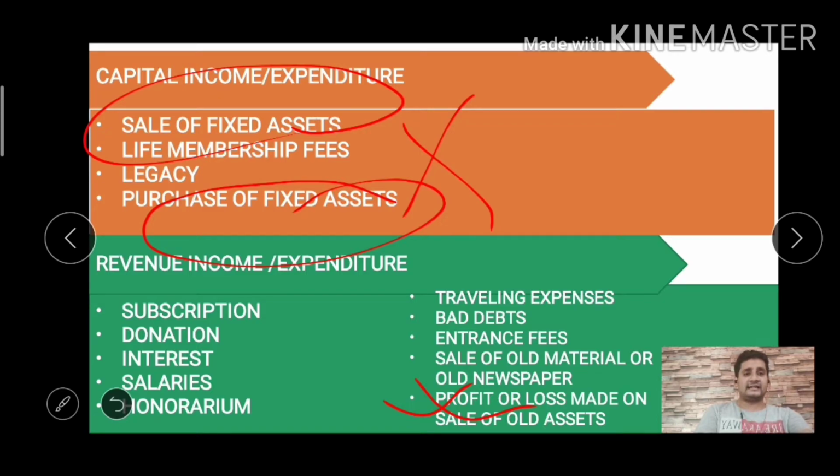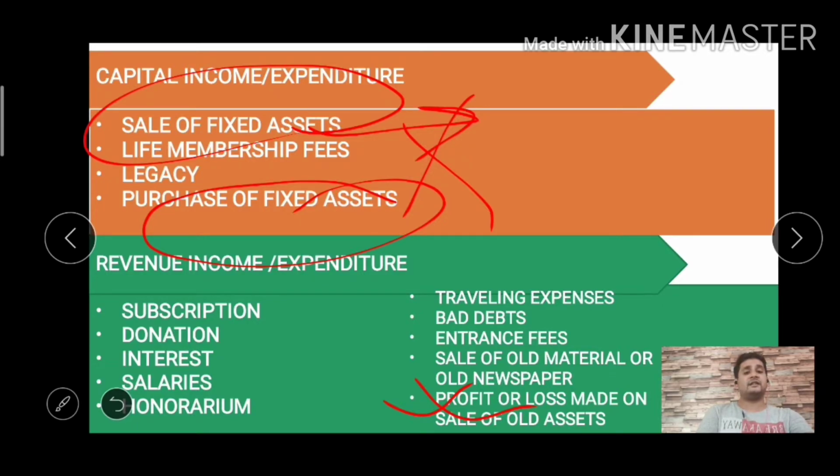If the question gives the sale of fixed assets, then it will not be recorded. But if the question gives profit or loss made on sale of old assets, meaning we sold and from that sale we received some income or made some loss, then that amount of profit or loss will be treated as revenue and recorded in the income and expenditure account.